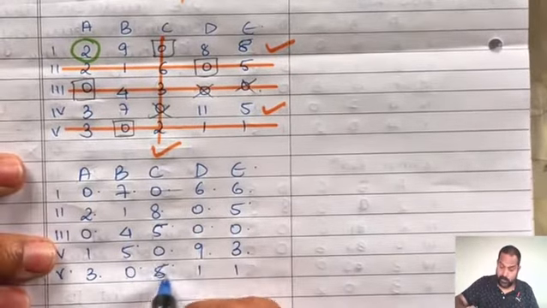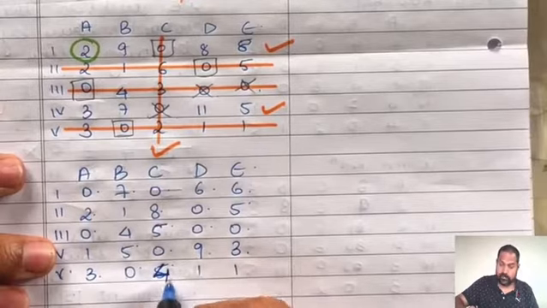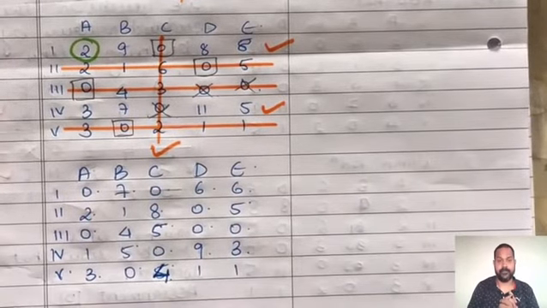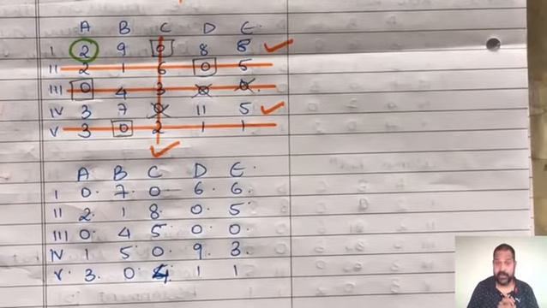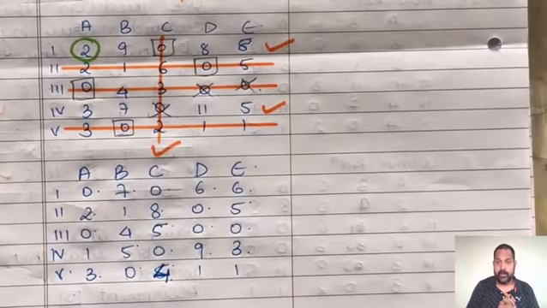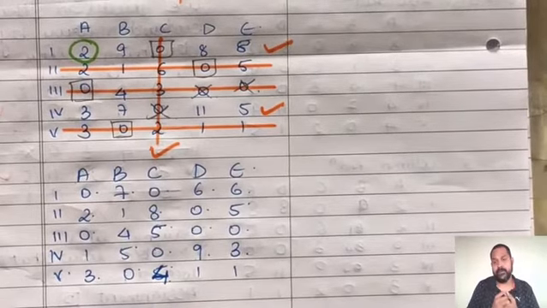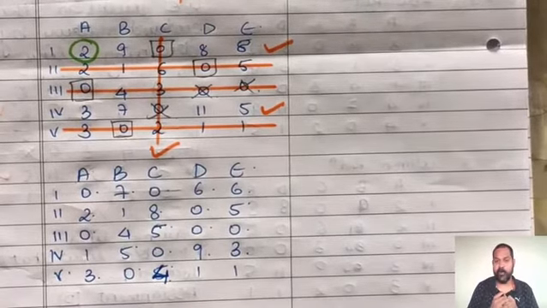Sorry, 2 plus 2 will become 4. Done? Congratulations, you have successfully revised the matrix. Now what?